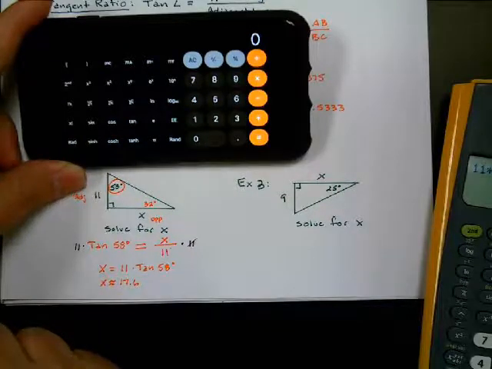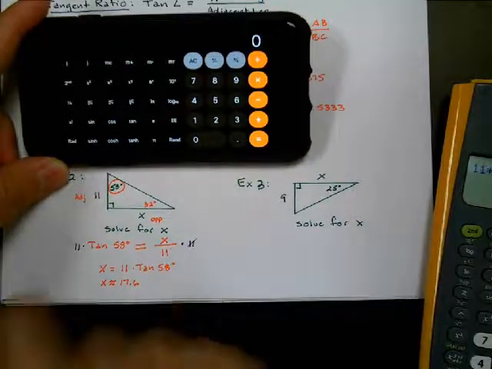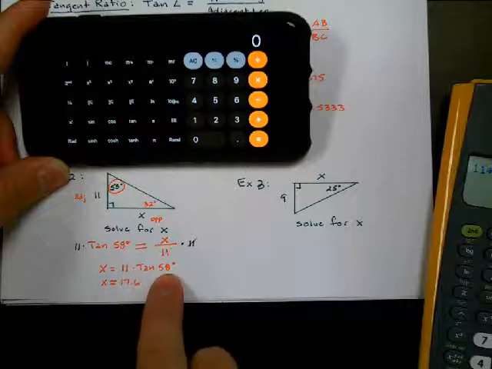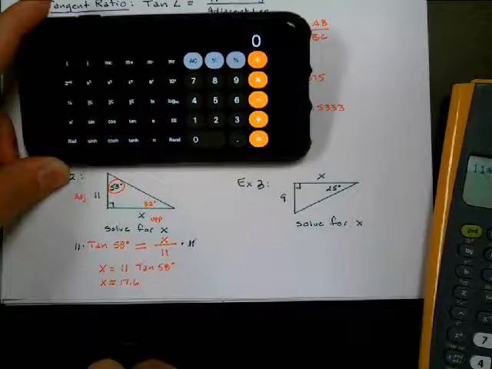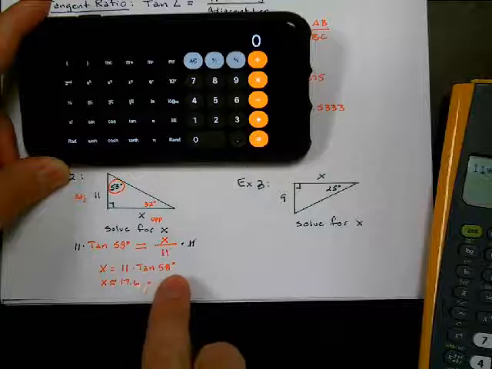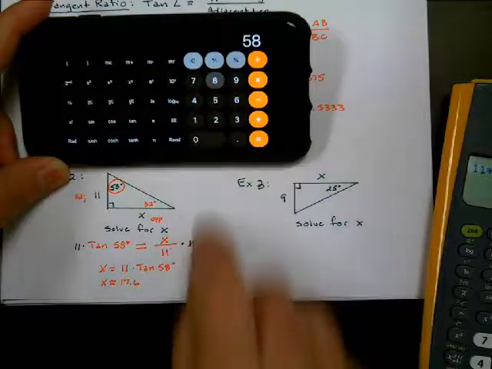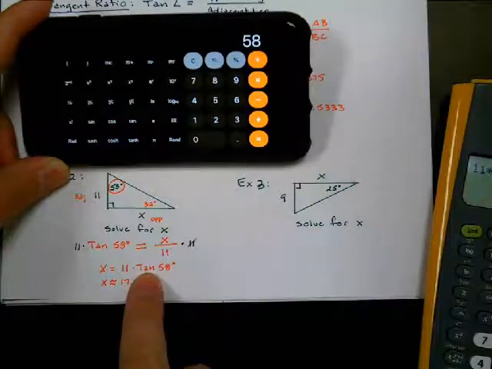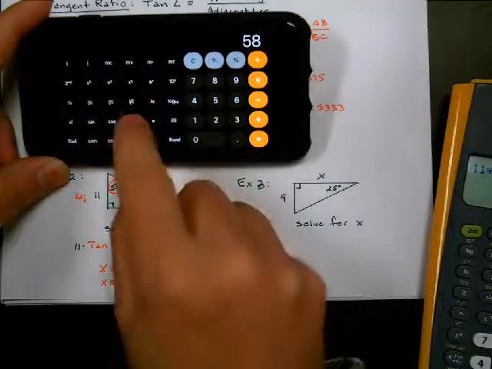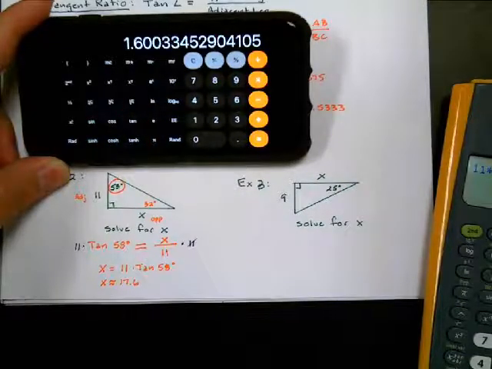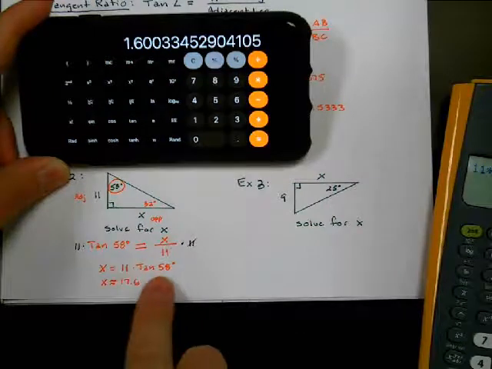So how would I do 11 times tangent of 58? Well, on your phone, you actually do everything backwards. You do 58, so I'm writing 58, and then I find the tangent of that. So it gives me the scale factor of a 58-degree triangle right there. The scale factor is 1.600, blah, blah.